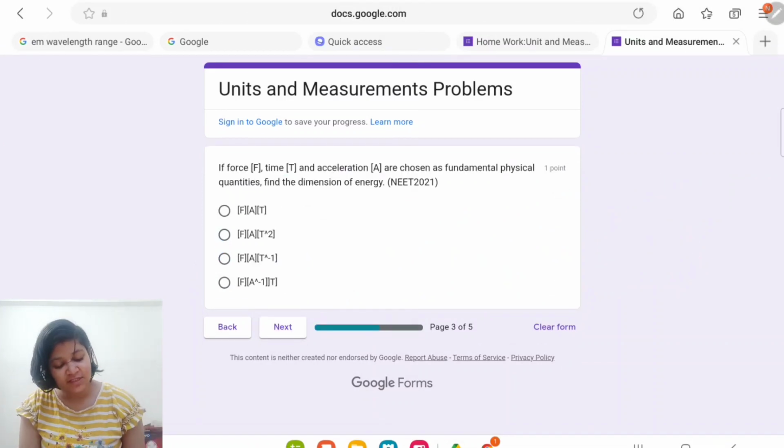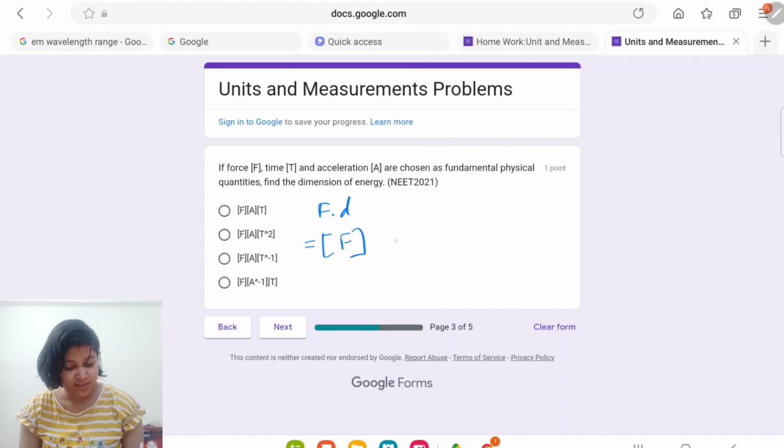Here they are asking us to consider force, time and acceleration as the fundamental physical quantities, and they want us to find out the dimension of energy in terms of force, acceleration and time. We know that the dimension of energy is force into distance. So we can keep the force, but distance here is not a fundamental quantity.